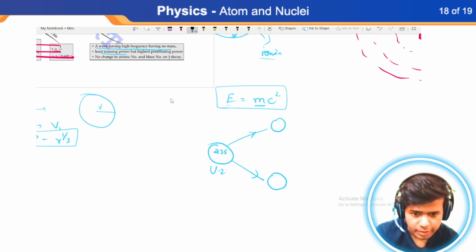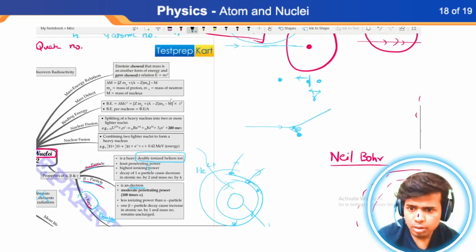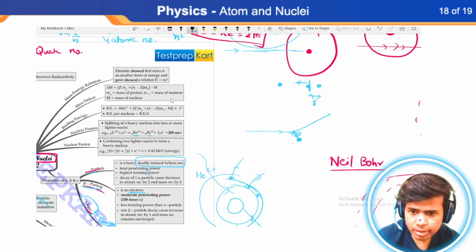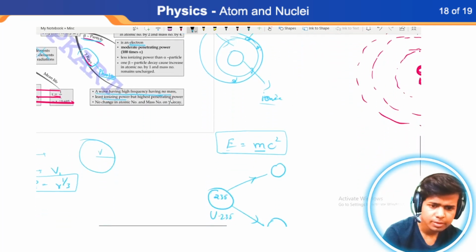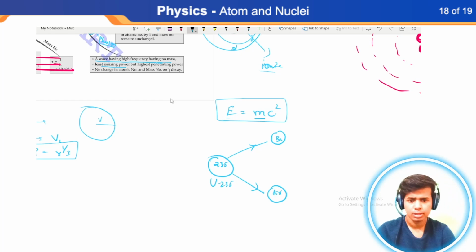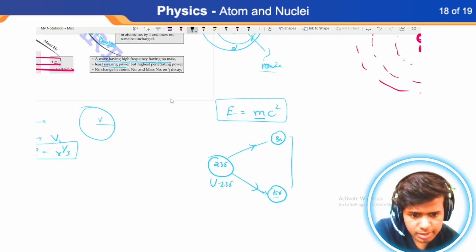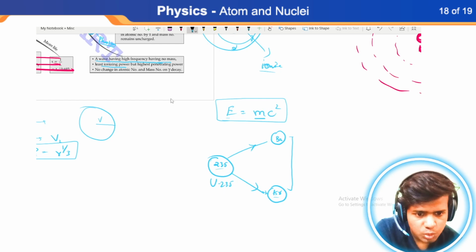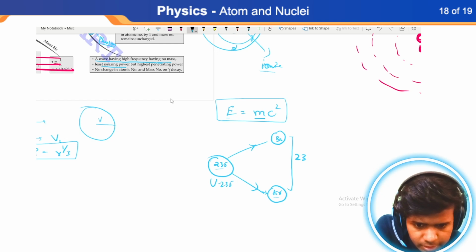Actually, this is uranium 235, and it splits into two different atoms, I think into barium and krypton, Ba and Kr. Barium is, I think, related to the lanthanide series. Anyway, the combined mass of both of them is actually not 235. It is 234.